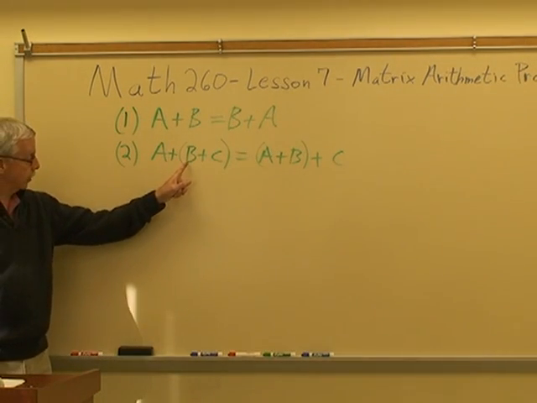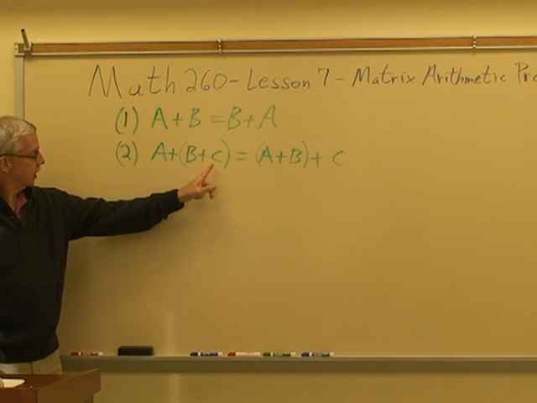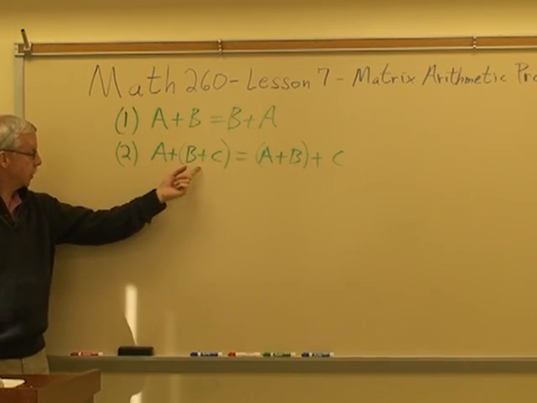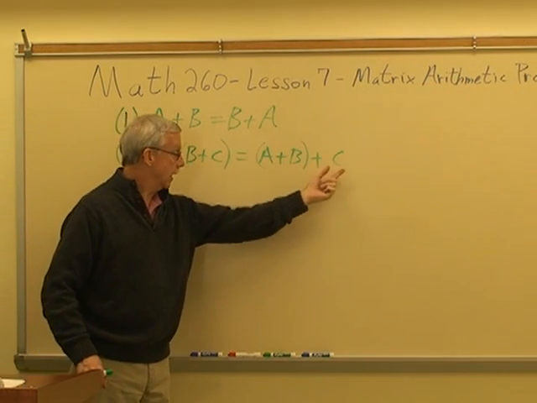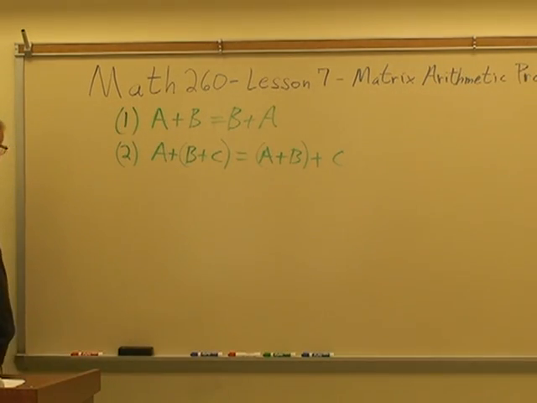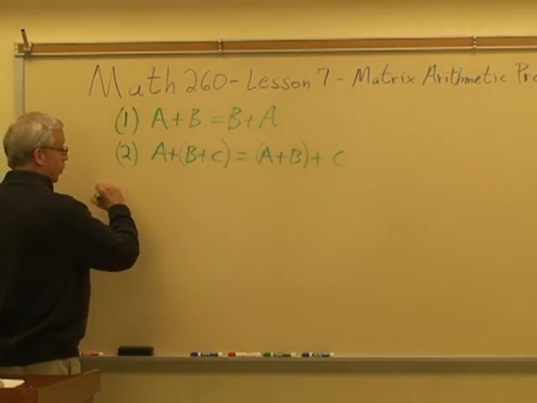If I add the matrices B and C, take that result, and then A plus that, I get the same thing as if I add A and B first, and then add the result to C. That's the associative property of matrix addition.